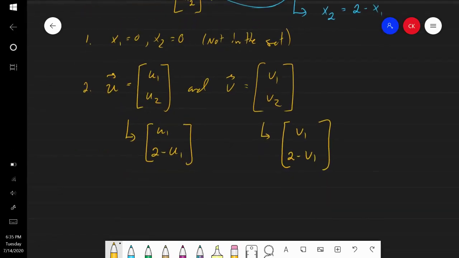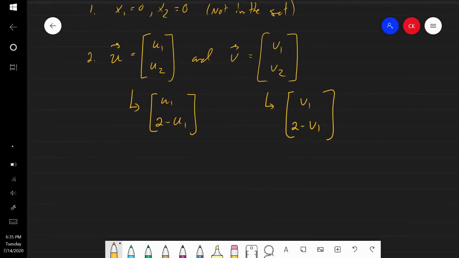And as we did before, we'll go ahead and add those two things together and try and show that they're in the set. So we take u plus v, and that's going to look like u1 plus v1. And the second element is going to be 2 minus u1 plus 2 minus v1.